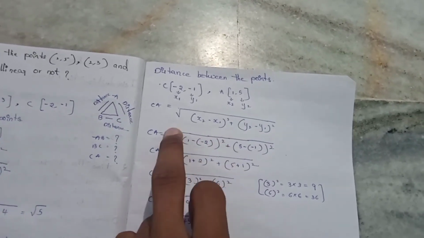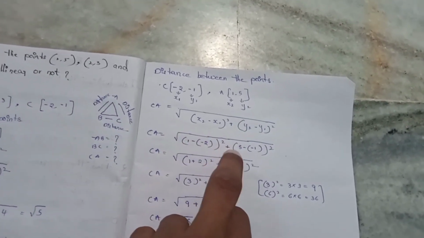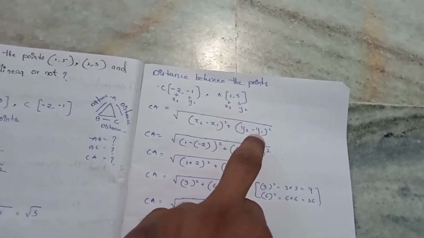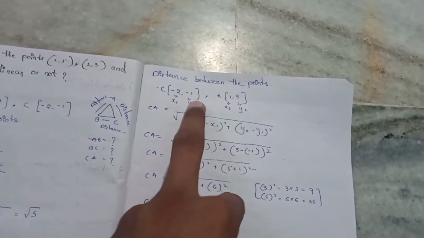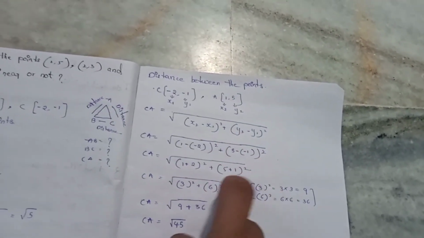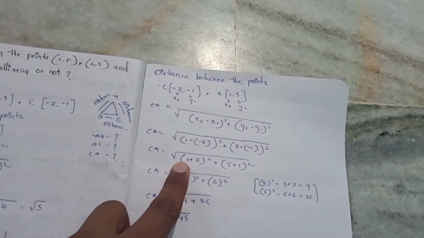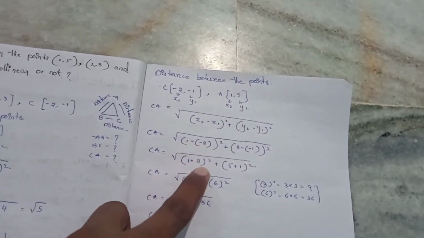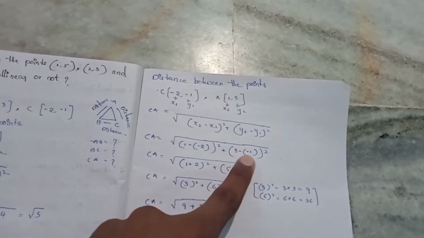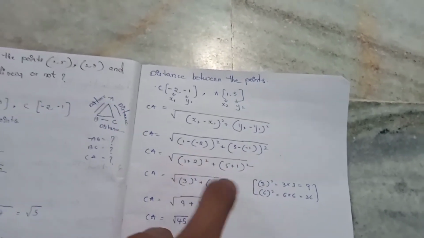I have written here in brackets whole square, plus y2 is 5 minus y1 which is again minus 1, so minus of minus 1 whole square. Now 1 minus into minus plus 2 whole square plus 5 as it is, 1 minus into minus plus 1 whole square.